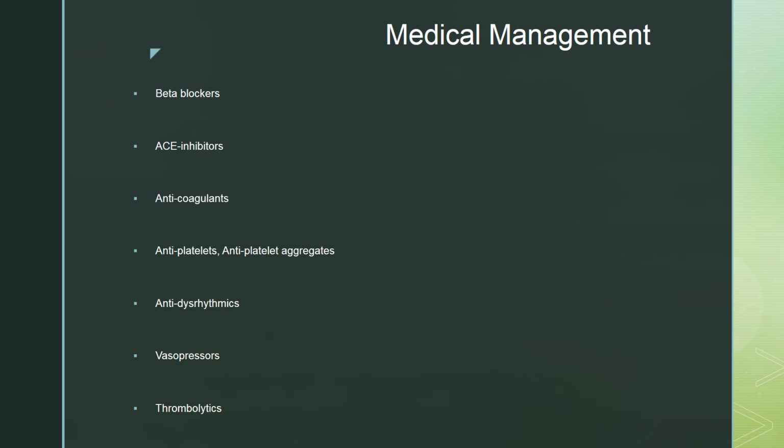Okay, medical management, beta blockers. What do you think? Well, it's because it decreases the workload of the heart. Remember, it decreases afterload. It has a little vasodilation action going on. So that would cause the heart not to need as much blood or oxygen, because we're slowing the heart because it doesn't have to work as hard. You might see patients go home with the beta blockers for about a month after, maybe 2 months after they leave the hospital with an MI.